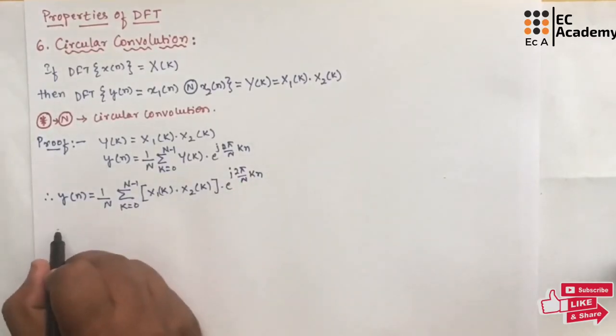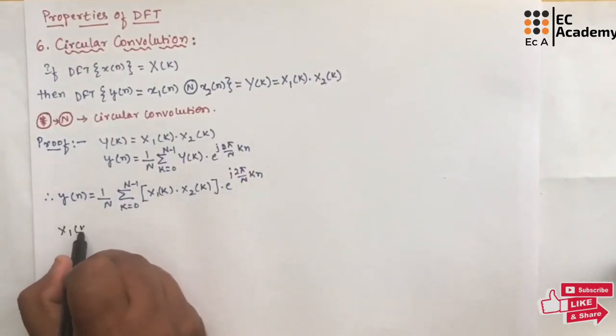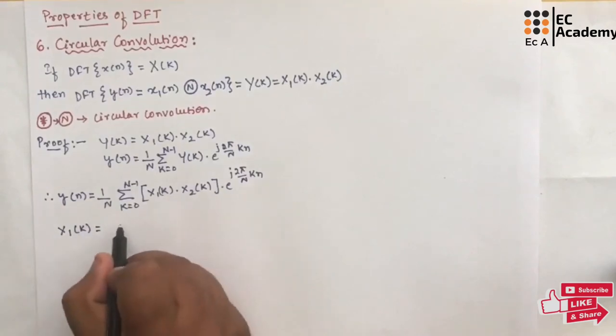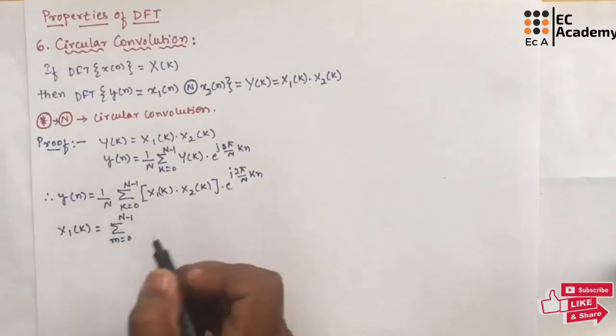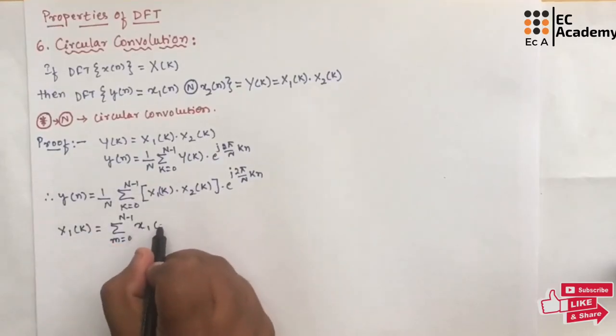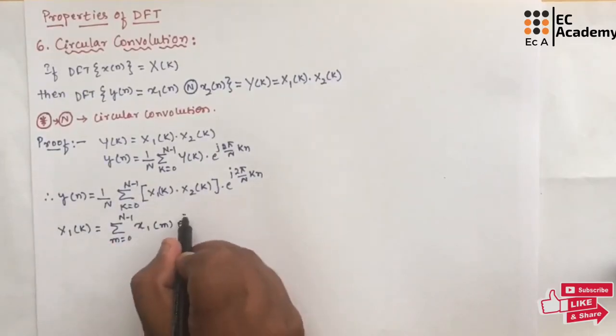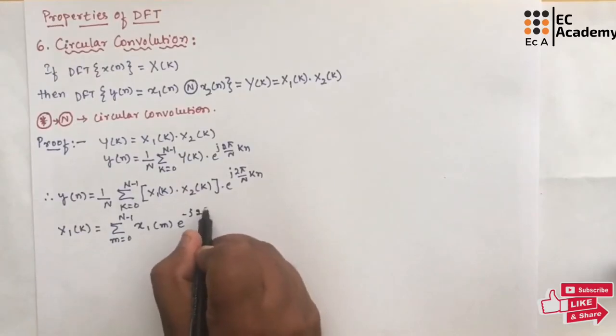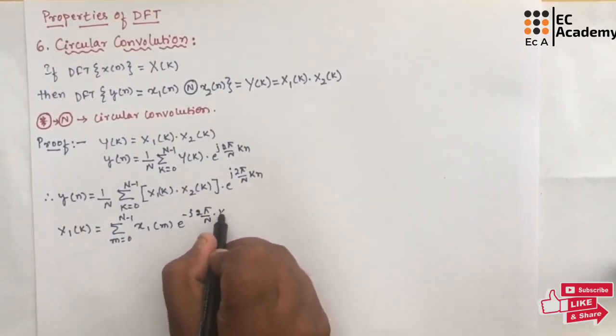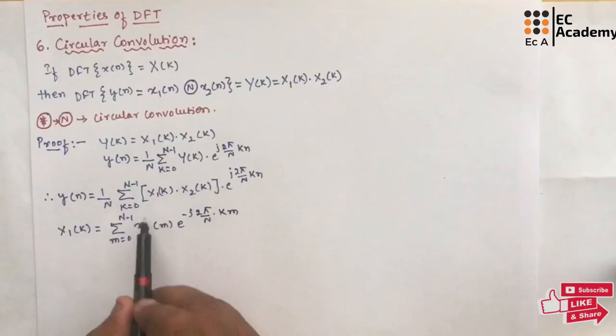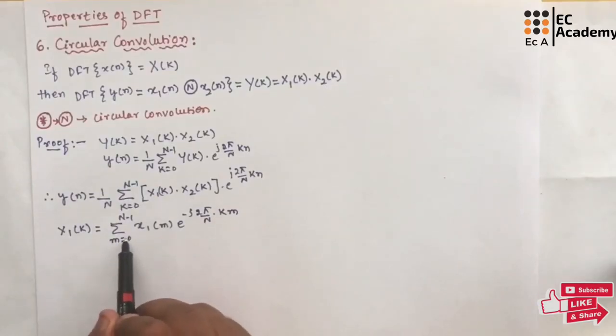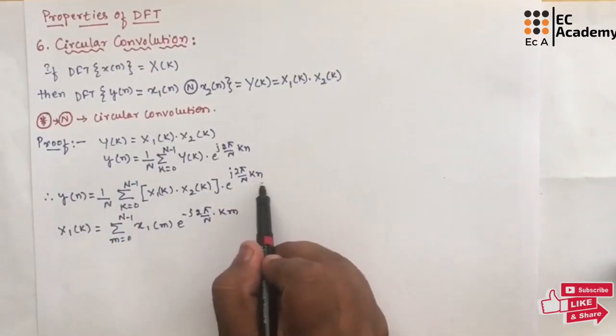We can write x1 of k as summation of m is equal to 0 to n minus 1 x1 of m e to the power of minus j 2 pi by n into k m. So instead of n, we are writing a term as m, because we have already used n here.